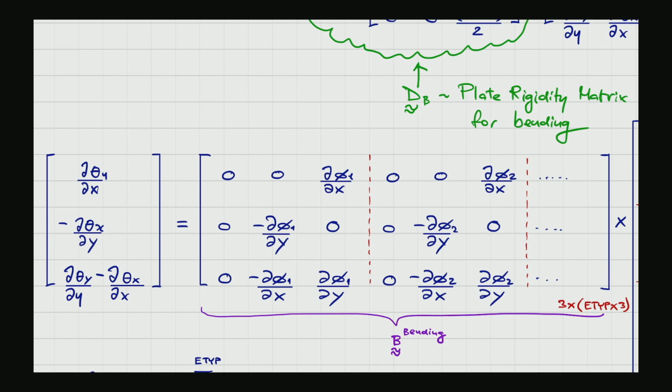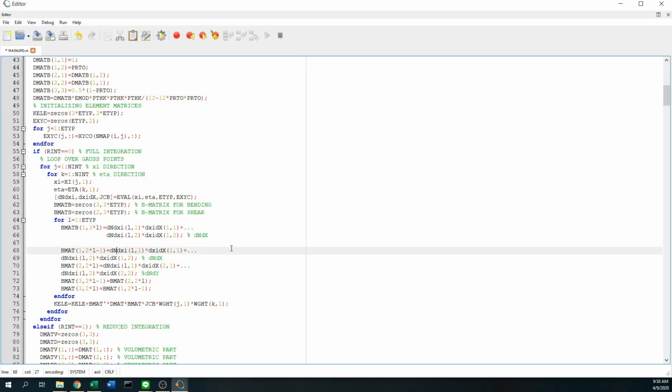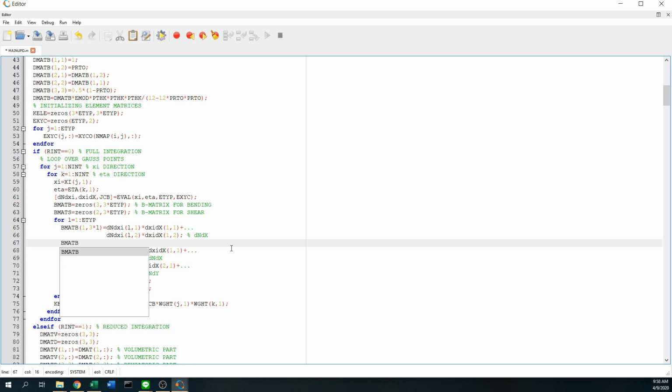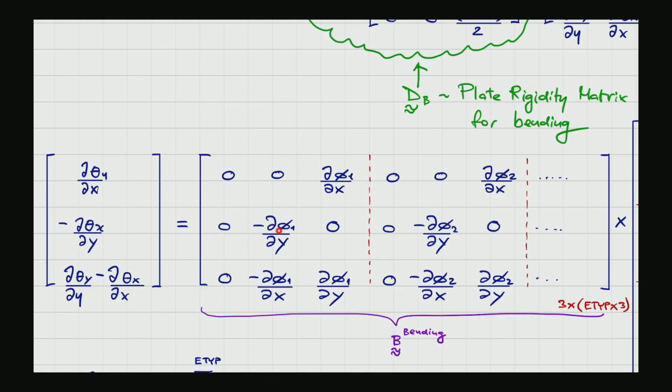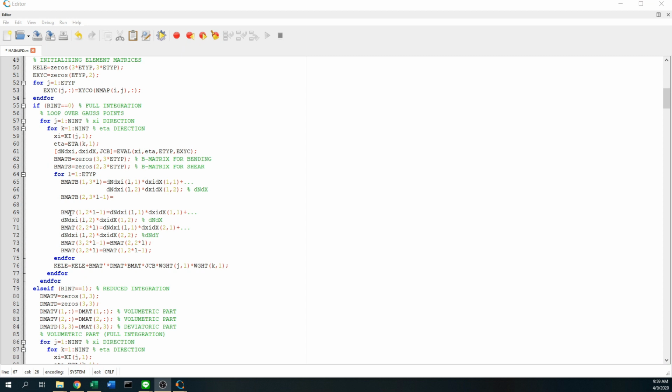So I move back here. B matrix for bending, for the row number 2, column 3 times L minus 1, equals to derivative of phi 1 with y.